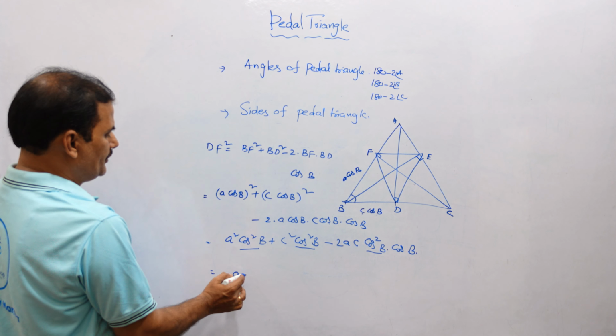This is A square and this is C square. This is minus 2AC into cos B.